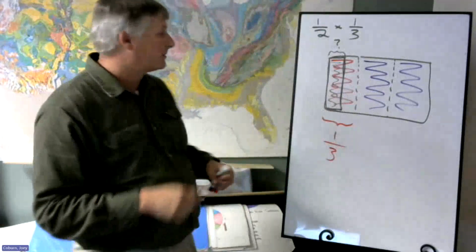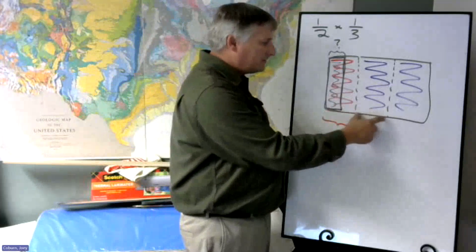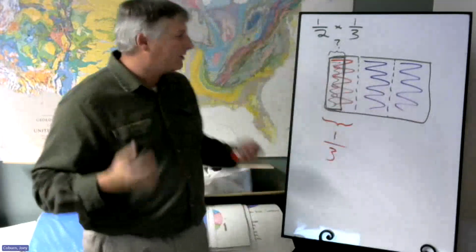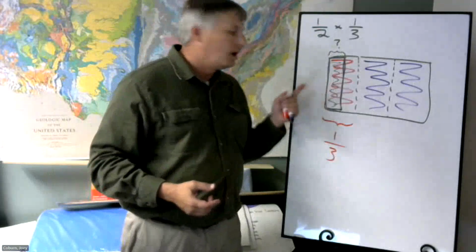So how do we figure that out? Well, we've divided this in half. Let's divide the others in half. Maybe that'll help us discover what fraction this is of the whole.